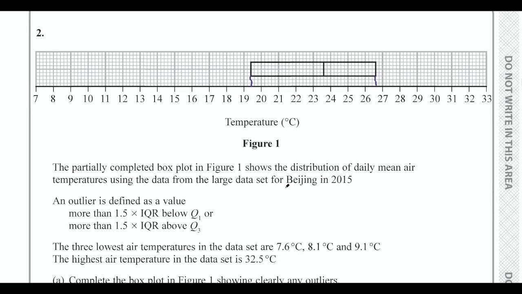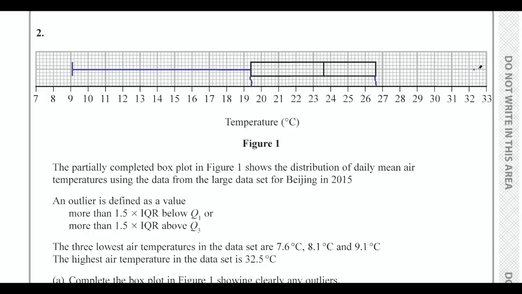So that means then that we could draw our whiskers in. Now for your minimum and maximum, you can either choose these values or the boundaries. So I'm going to choose 9.1 as my minimum because that's the minimum in the data set. So that's going to be here between the grid lines. Okay, so that's 9.1, that's my minimum. And then my max is 32.5.